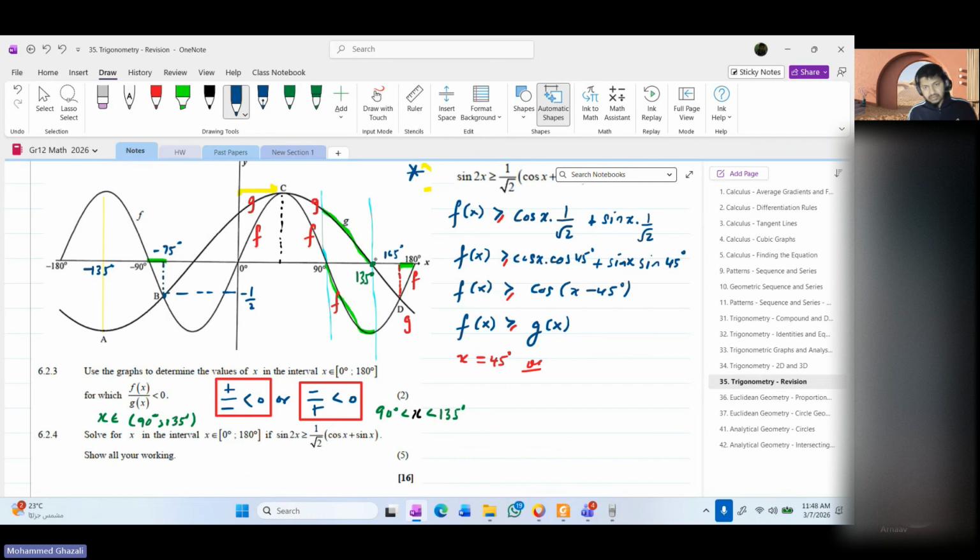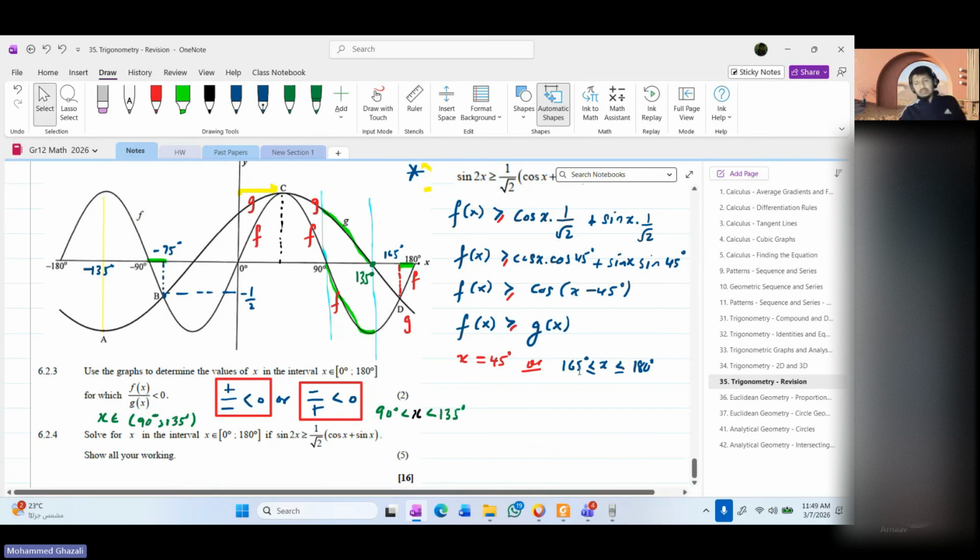I'll show you how to get this point again, all right? So you can say X is between 165 and 180. Yeah.